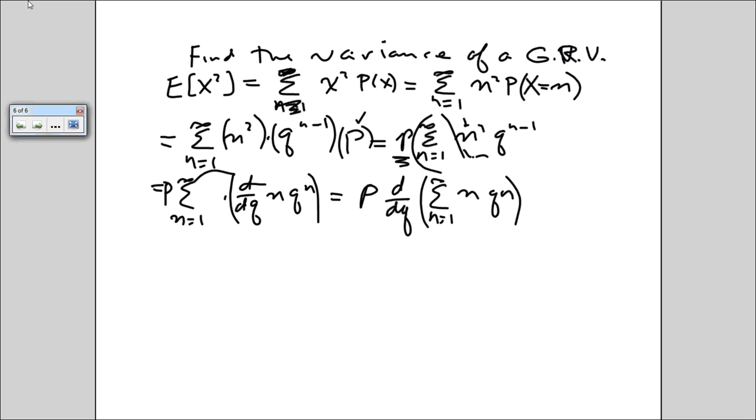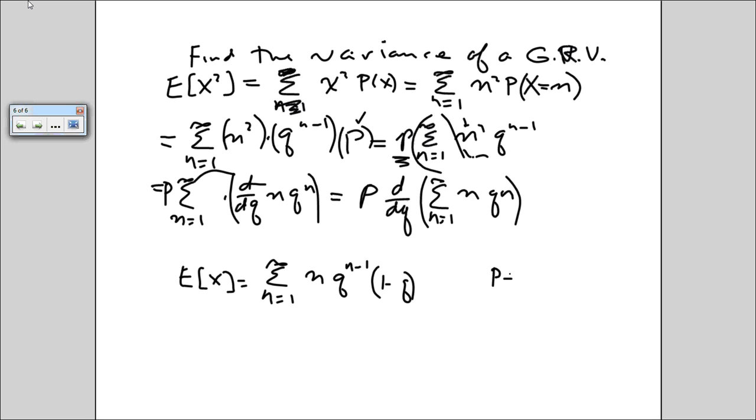We know that E of x is the summation from n equals 1 to infinity of n q to the n minus 1 times p. But instead of p, I'm going to write 1 minus q.